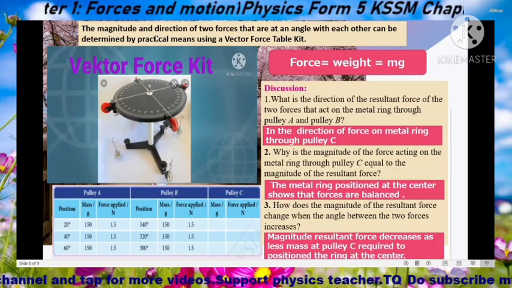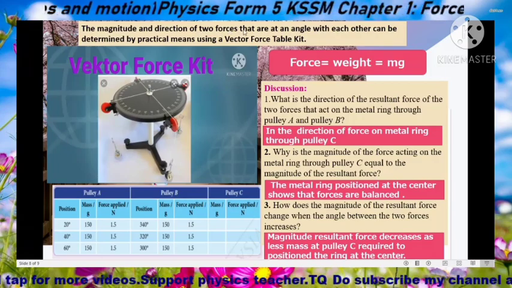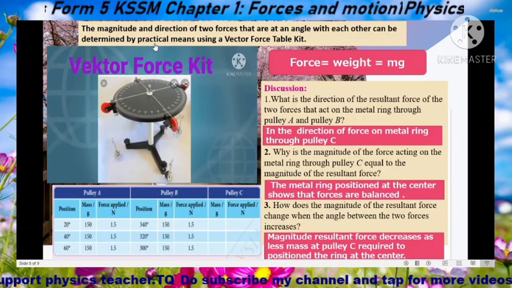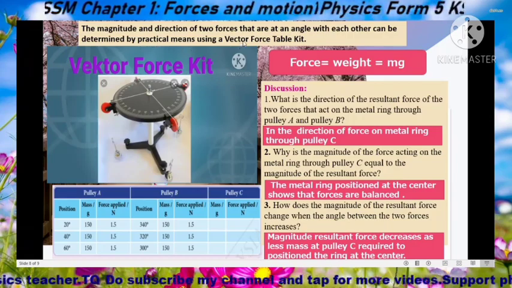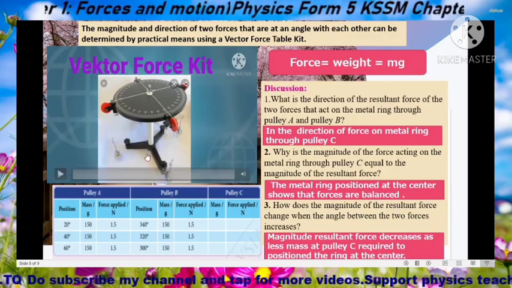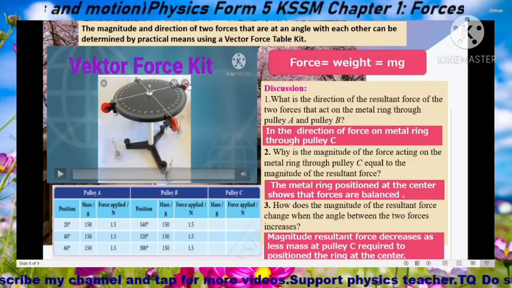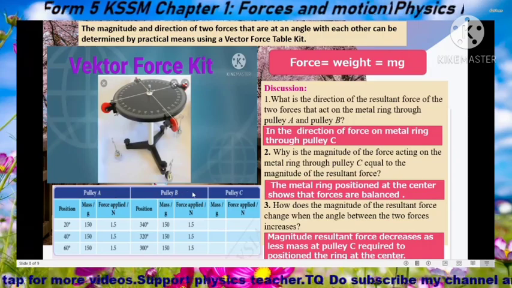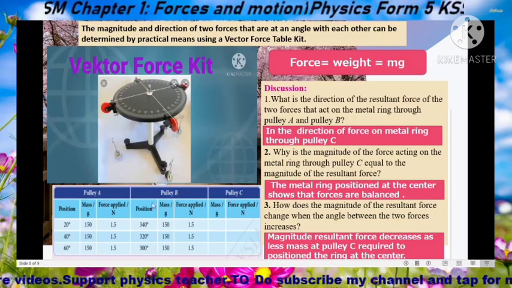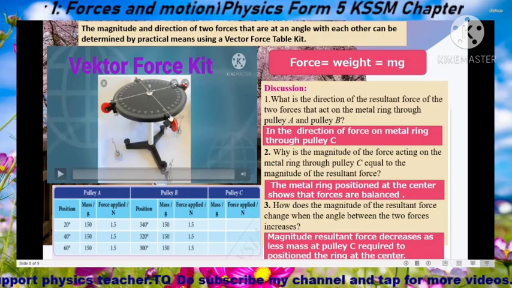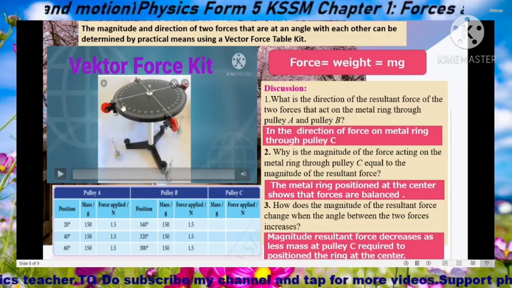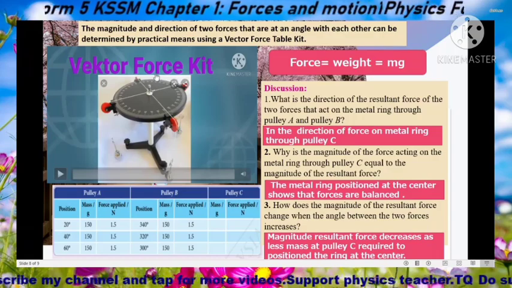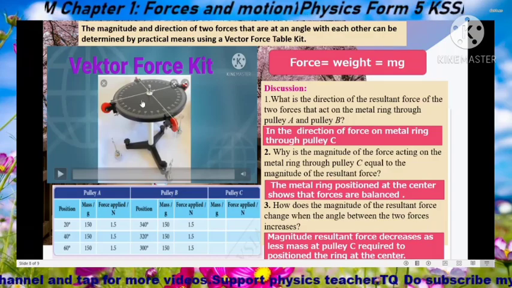The magnitude and direction of two forces that are at an angle with each other can be determined by practical means using the vector force table kit. So there are three pulleys here. Sometimes there are four. Okay, let's say we have pulley A, B, and C. So on the table of the table kit here, you can see they label it with angle. Okay, there's a line.